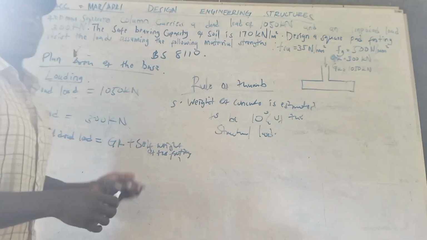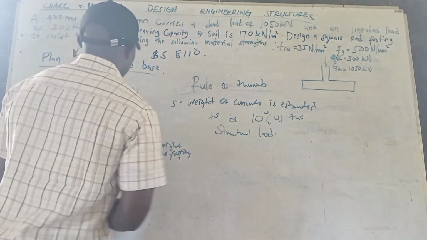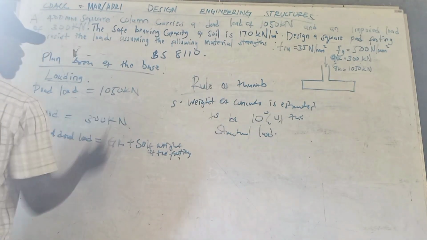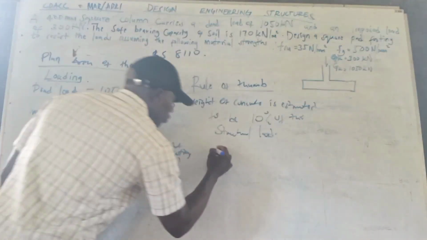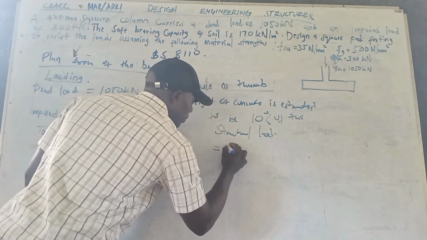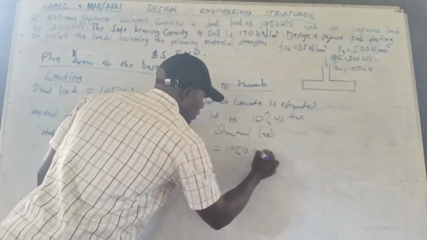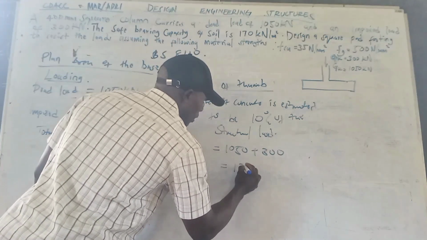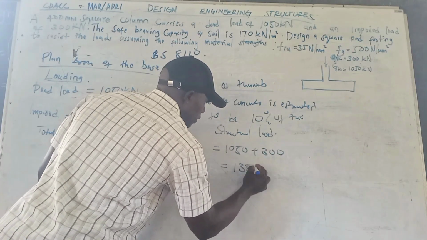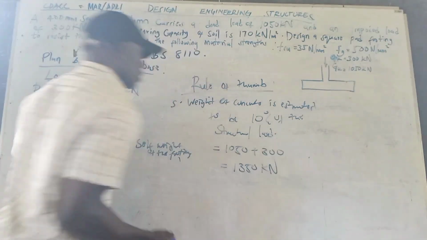What is the structural load in this case? We have our structural load to be 1050 plus 300 kilonewtons, which will give us 1350 kilonewtons.